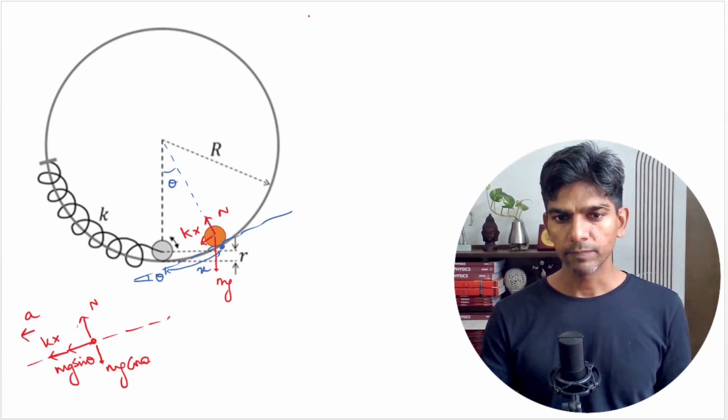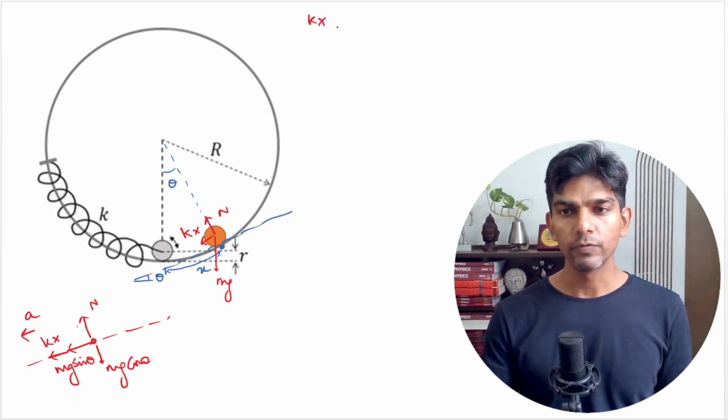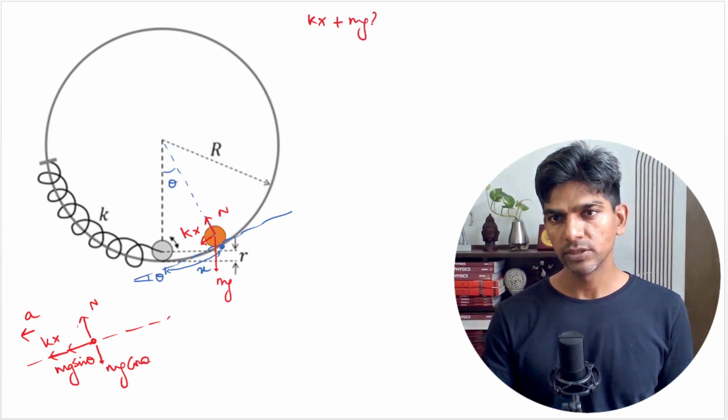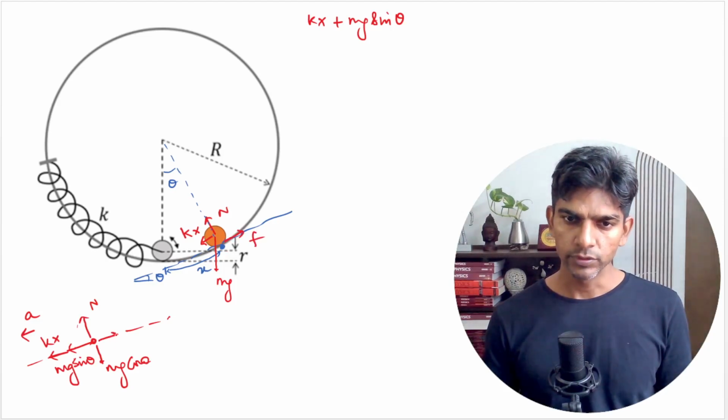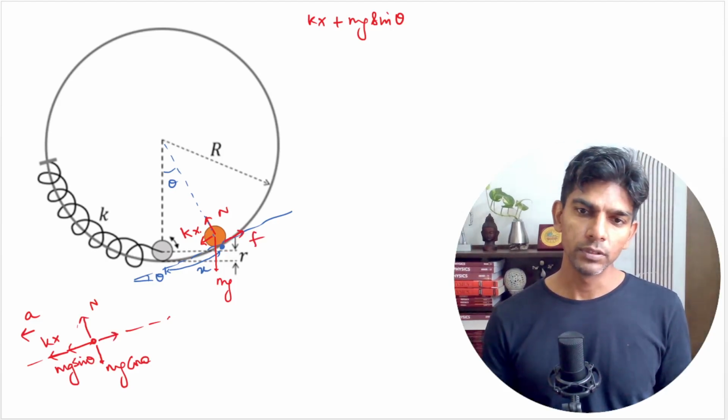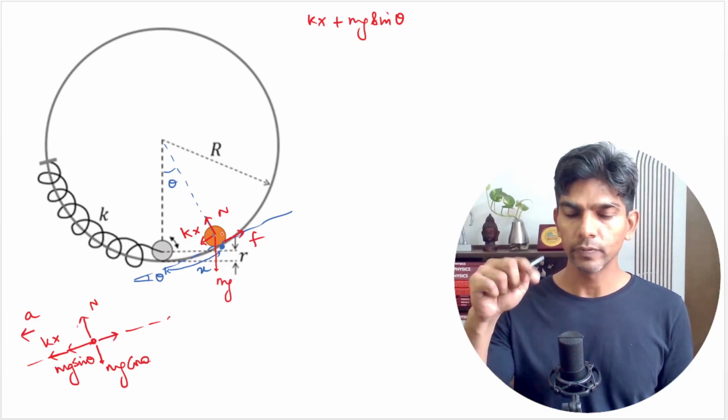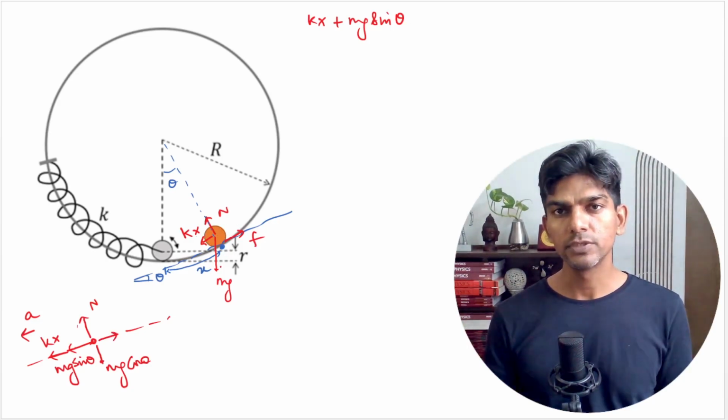By applying Newton's second law we can write kx plus mg sin theta minus, and there has to be a frictional force up the incline. Let me also show the frictional force, because only then it will be able to roll in an anti-clockwise direction, because there is no other force which is providing torque about the axis passing through the center of mass.